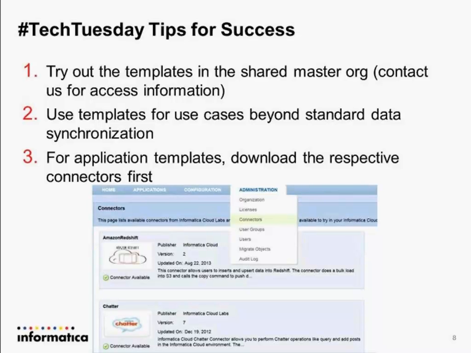And for those of you that want to build application templates similar to what Sanjay built, for example a Salesforce Zuora template, or a Great Plains to Salesforce template, you would need to download the respective connector first. Within your Informatica Cloud account, go under Administration, click on Connectors, and then enable whatever connector you wish to try out to build your application template.